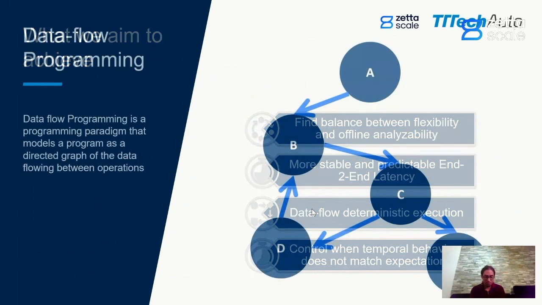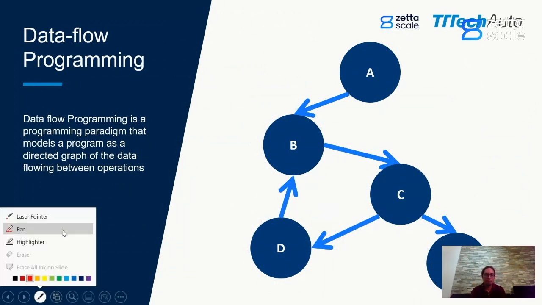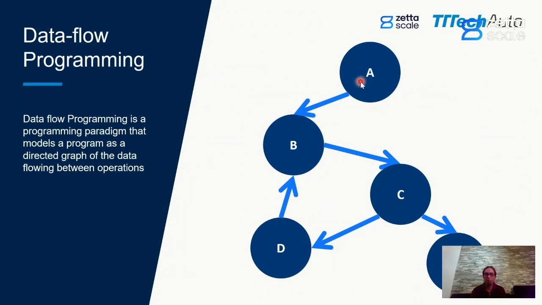So Zenoh Flow provides a data flow programming framework. So what does this mean? When you design your application, you model it in a directed graph where we have flow of data between operators. So you can see it like this. You have this source operator that provides some data, which is then operated on by this operator B. It passes it on to C and so on.